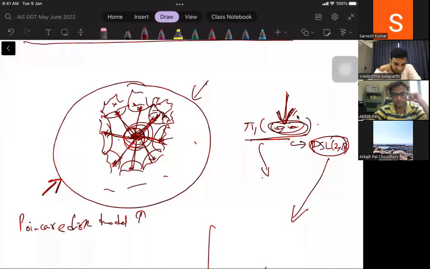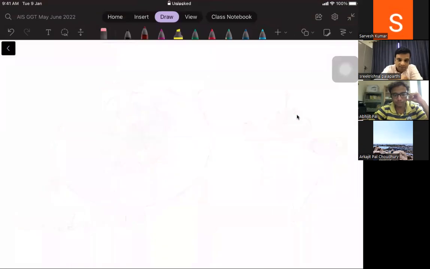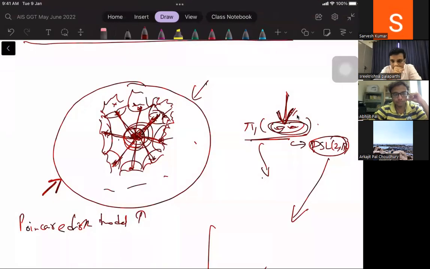I want you to say something on the point where you said that suppose X is a metric space and I am considering some quasi-isometry F. Then that F need not be at finite distance from identity, right?